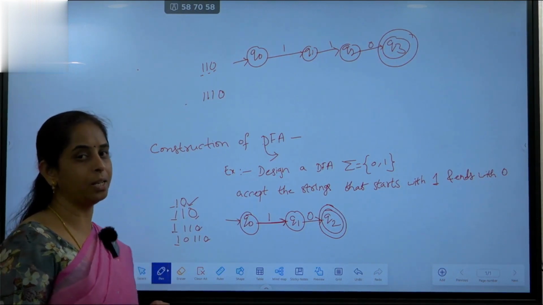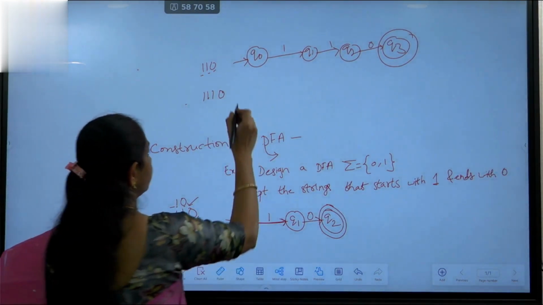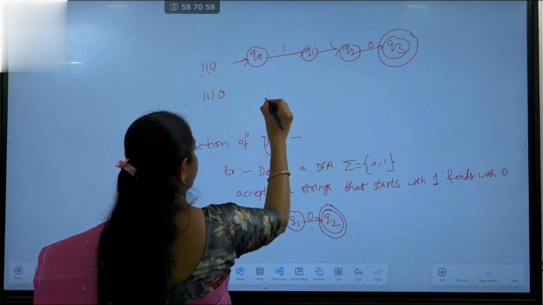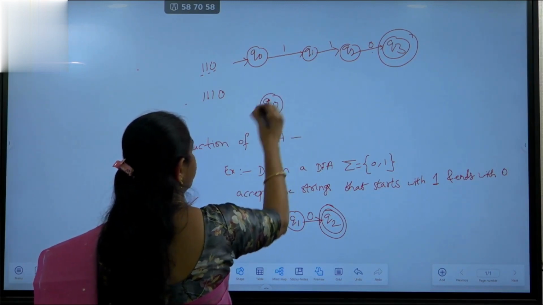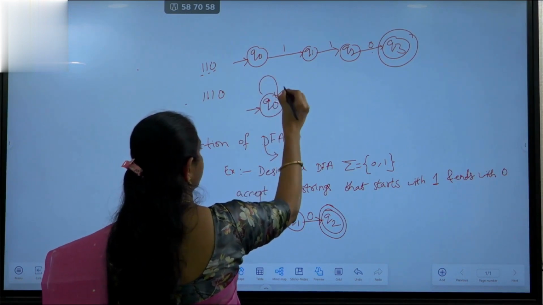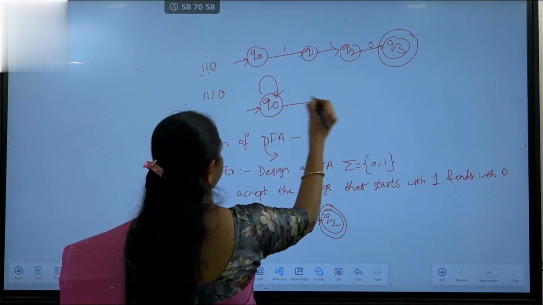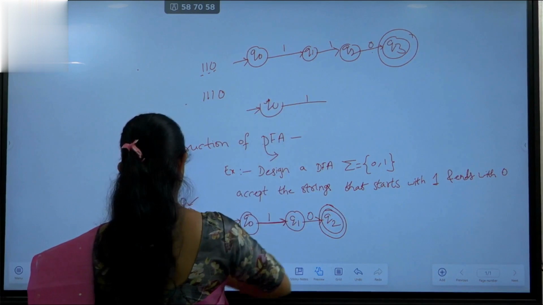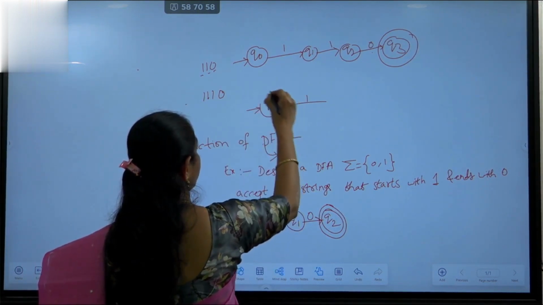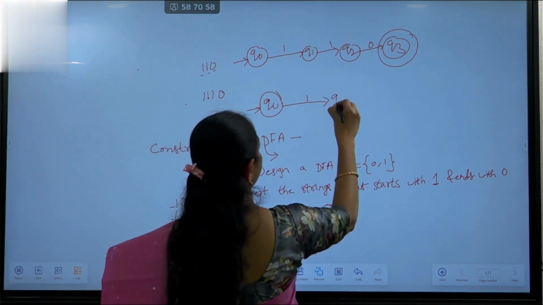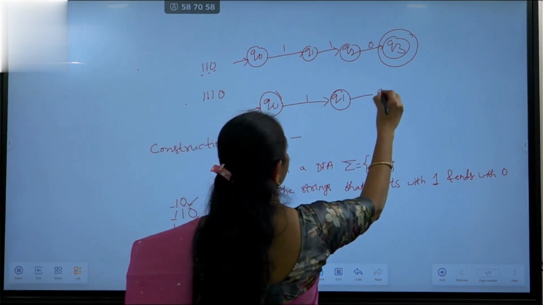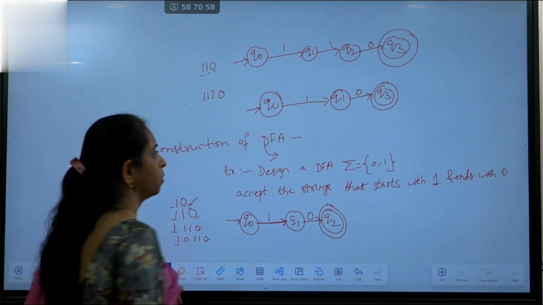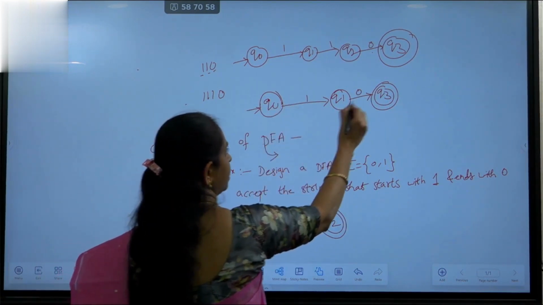We have to draw a single DFA based on the given condition, so when drawing the DFA it has to accept all the strings that start with 1 and end with 0.